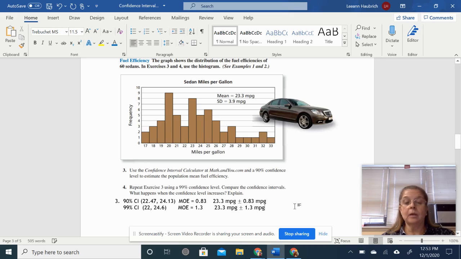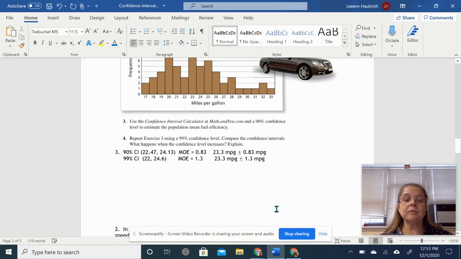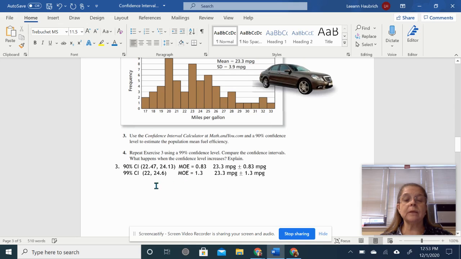So let's see what happened. We went from a small confidence interval of 90 to a larger confidence interval of 99, which therefore increased the margin of error.